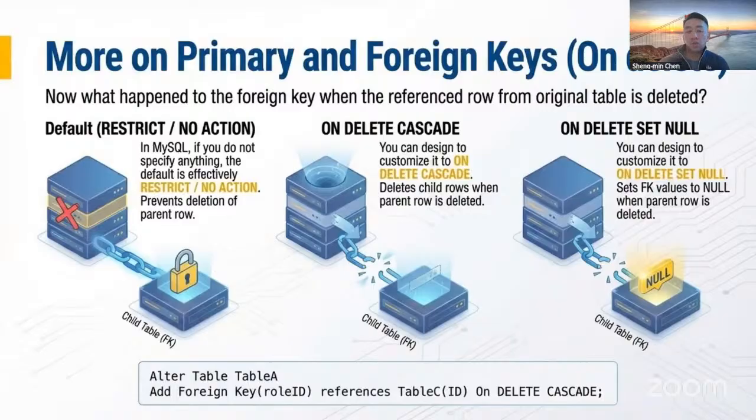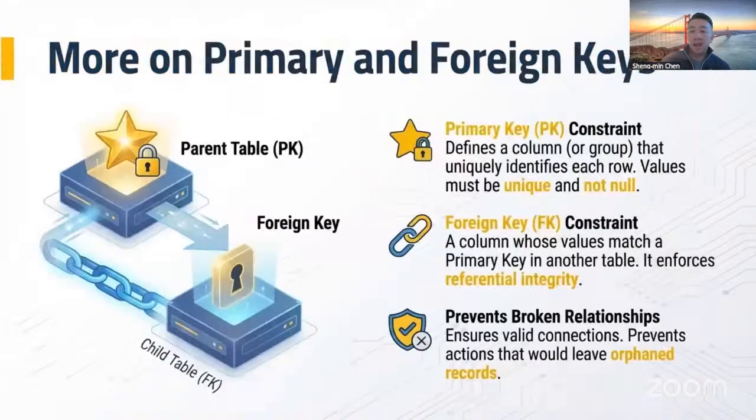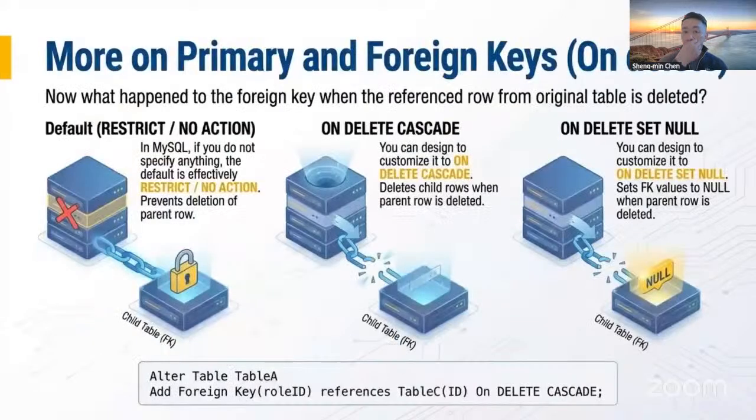The reason it does that is so that the integrity of this reference will be intact, because one of the foreign key's referential integrity constraints is that it needs to have the parent primary key. So by default it makes sense that the database throws an error and restricts you from committing this action.